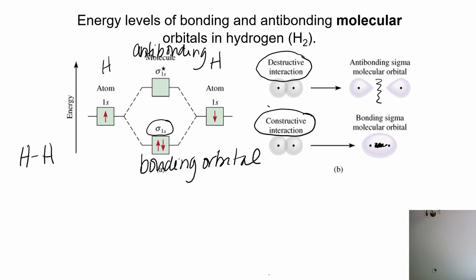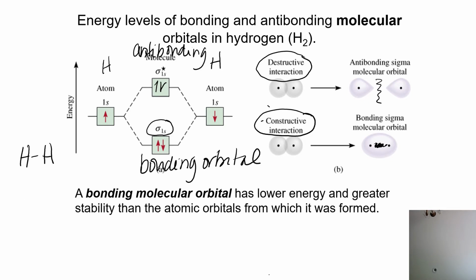Now, if we were looking at another element and the anti-bonding orbital was also filled with electrons, because we had more, we aren't dealing with hydrogen anymore, there would be no bond formation because the anti-bonding orbital is going to cancel out the bonding orbital. And we'll look at a diatomic helium molecule to demonstrate that.